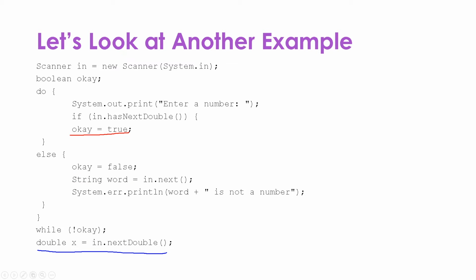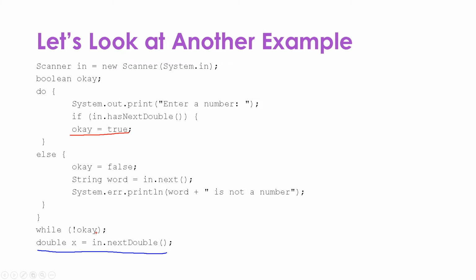We're passing the value of whatever was entered into a string, and we're printing out an error line to the console saying essentially that this word is not a number. And we're checking the condition on the while part of our do-while loop: while not OK, so while OK equals false.